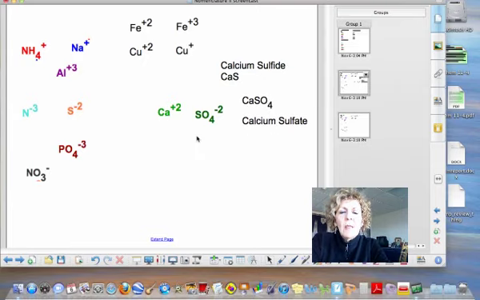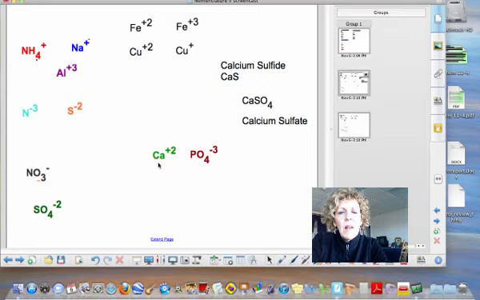Okay, so let's do one where the charges don't match up, all right? So let's make calcium bond together with phosphate. So here I've got my calcium +2 and my phosphate -3. Now, do you guys see that I'm going to have to add 3 calciums and 2 phosphates to be able to get +6 and -6. So what my formula is going to look like is I'm going to have to use parentheses around this polyatomic ion.